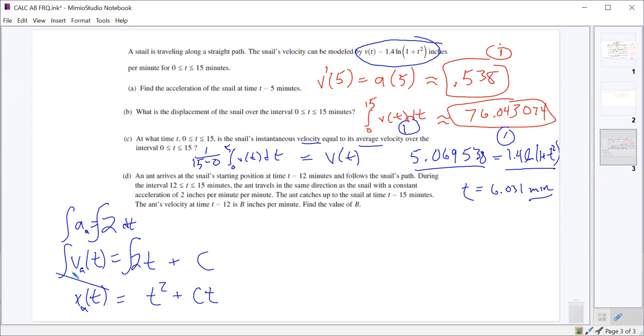And what we're going to do is, since we know that the ant ends up at the same place between 12 and 15, we're going to do this as a definite integral from 12 to 15.